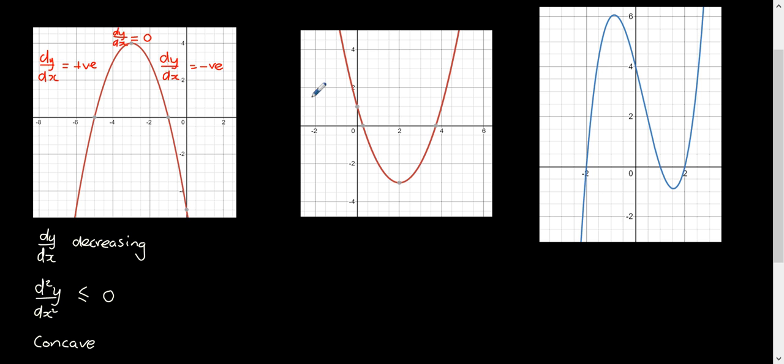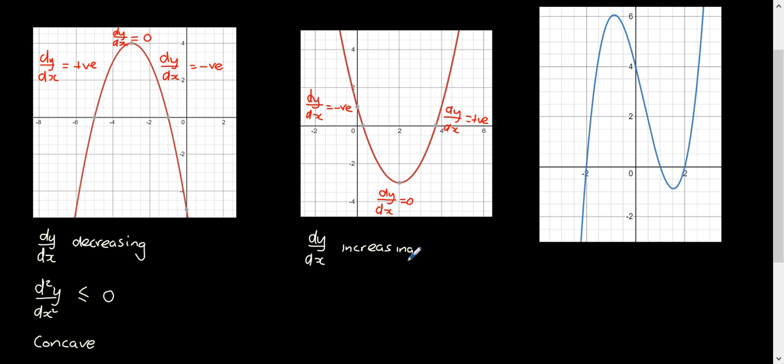Next, we'll have a look at this positive quadratic, and you can probably already see that we've got the opposite pattern happening. We've got a negative gradient through a 0 gradient across to a positive gradient. So this time we've gone from negative through 0 to positive, which means that our dy by dx this time is increasing.